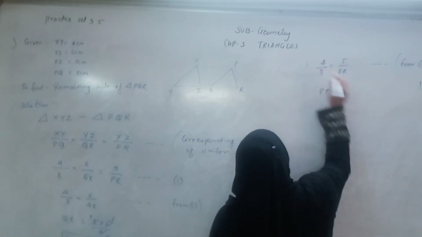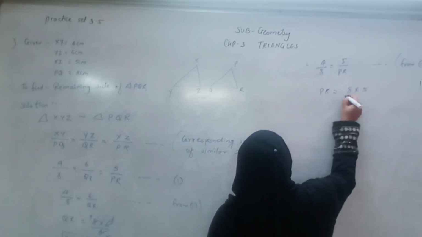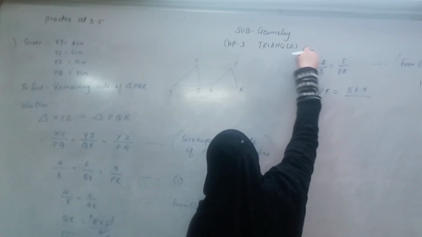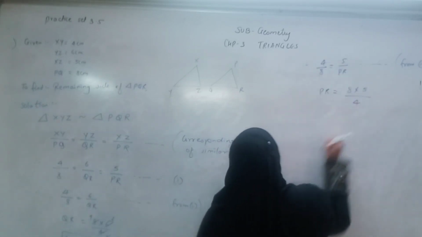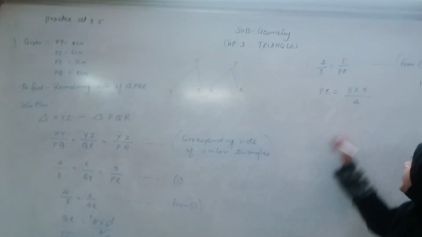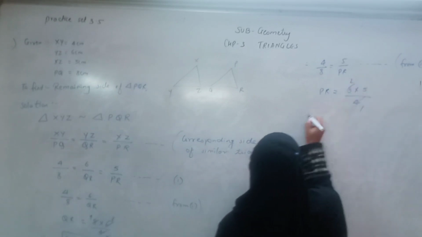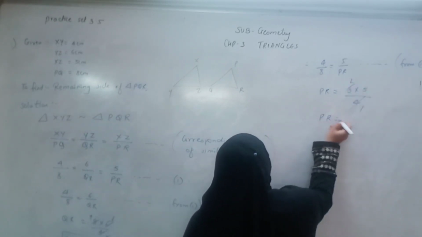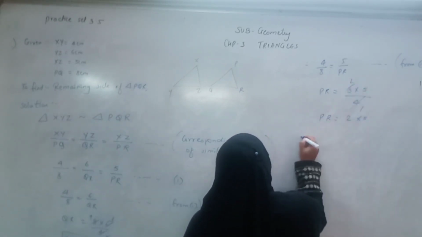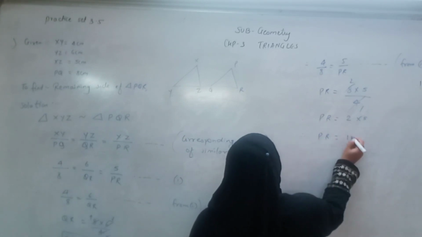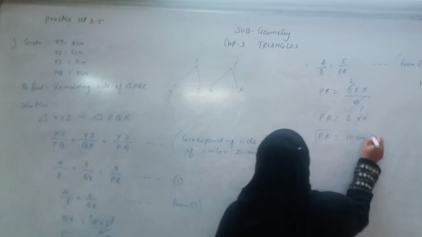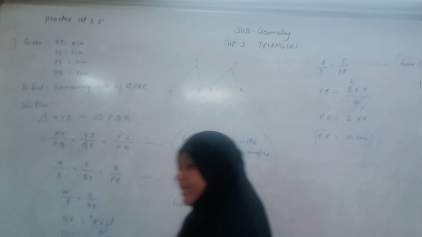PR equals 5 into 8, and PR multiplied with the 4. The 4 in multiplication I have taken in the division form. 4 1s are 4, 4 2s are 8. So PR equals 2 into 5, 2 5s are 10. So I got PR as 10 centimeter.